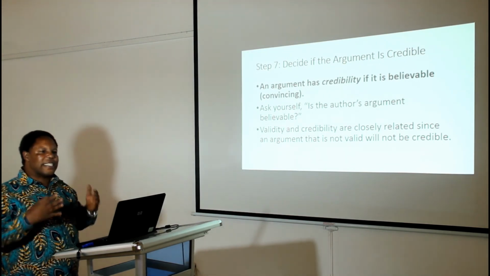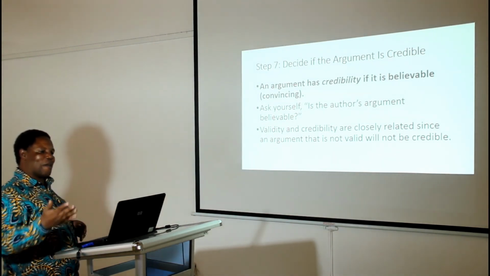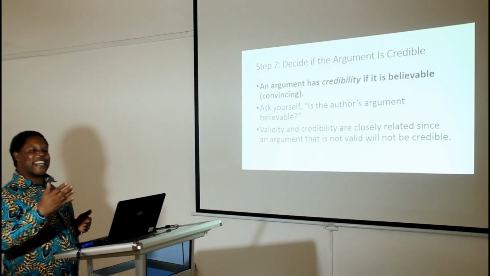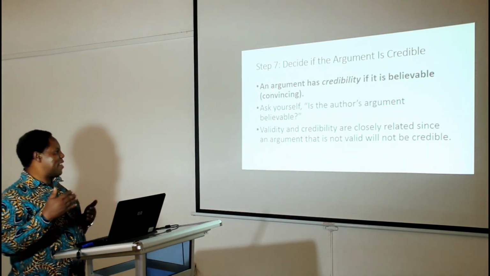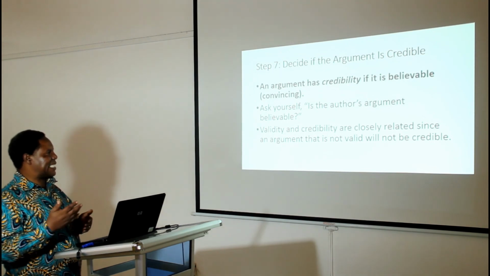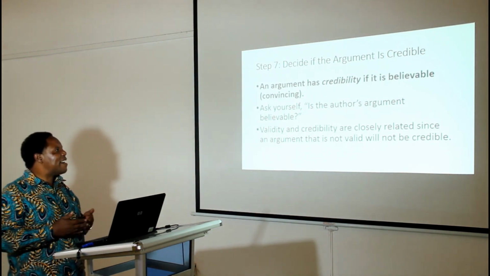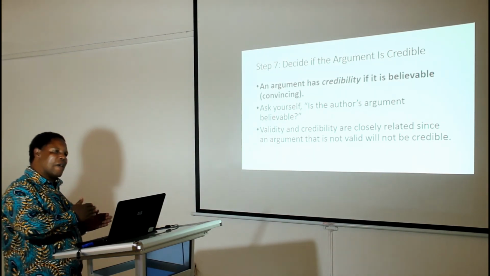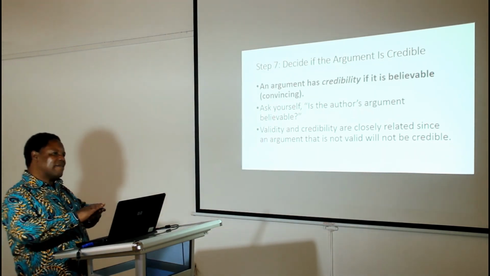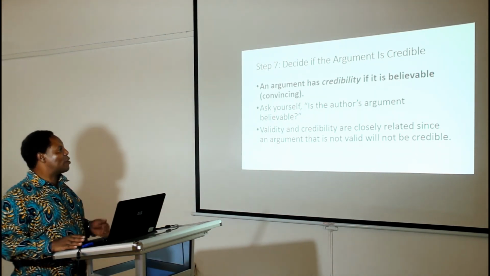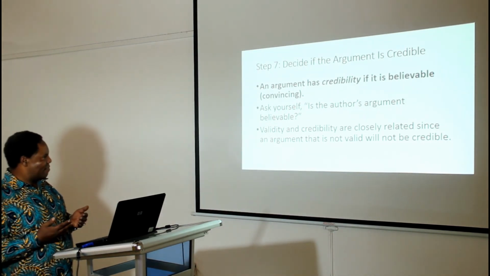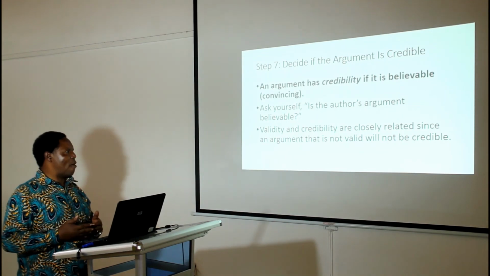They are not convincing. You get a newspaper, you read an article, but you find that what the author is trying to address is not believable, and therefore it's not convincing. That's why sometimes you find some newspapers may stay for a week. Nobody is going to buy it because what the author is trying to make is not credible.